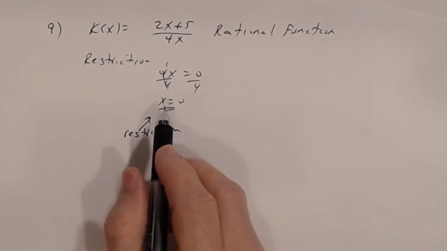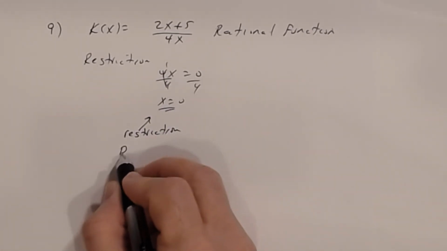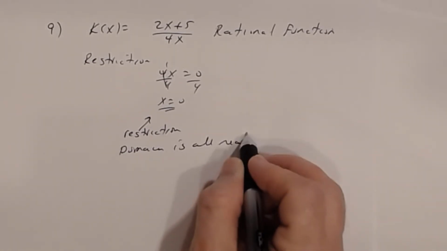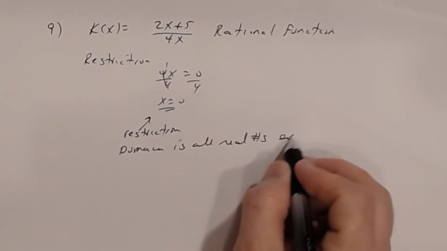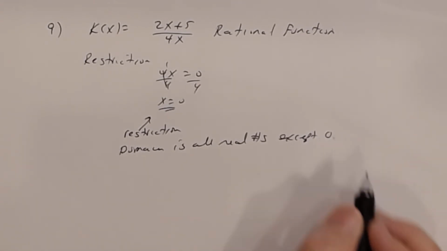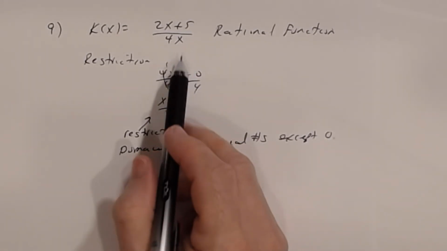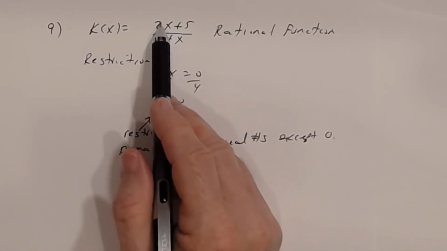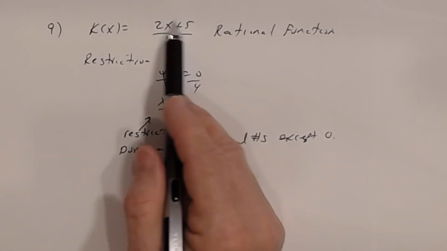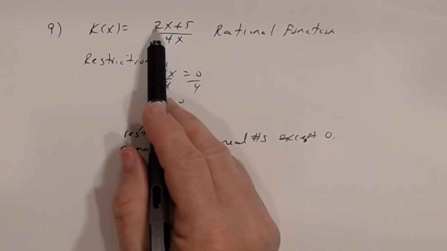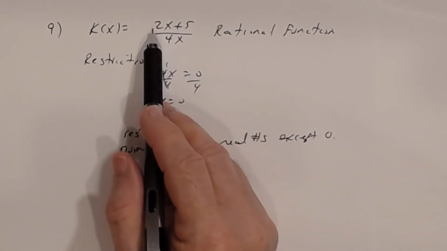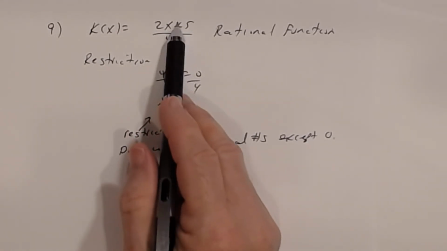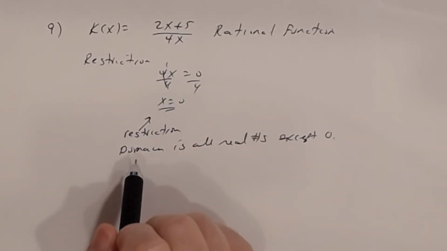Remember that x equals 0 means that the domain is all real numbers except 0, because 0 makes the denominator 0. So look at the numerator. When x is 0, 2 times 0 is 0, 0 plus 5 is 5. So the numerator is 5. Again, it did not matter what the numerator was to begin with. It's the denominator. 4 times 0 is 0. So 5 divided by 0 is undefined.